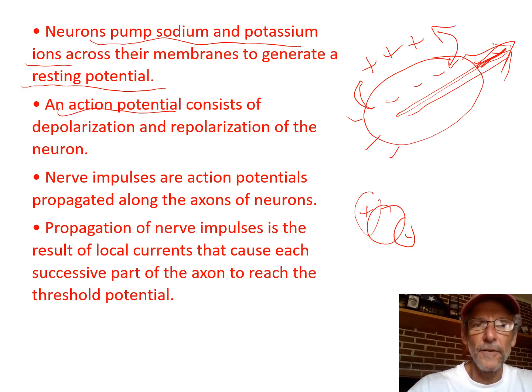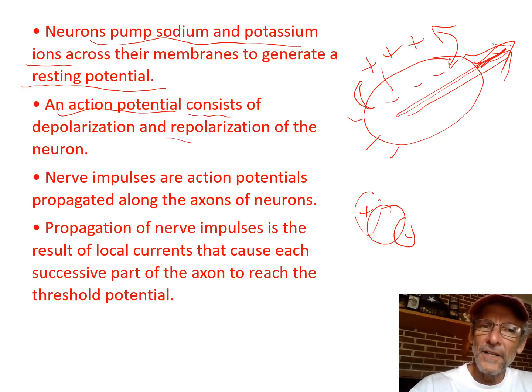What this action potential is going to involve is a depolarization. That means something is going to cause this to flip and then get fixed. Repolarization, right? Go back to where it was.